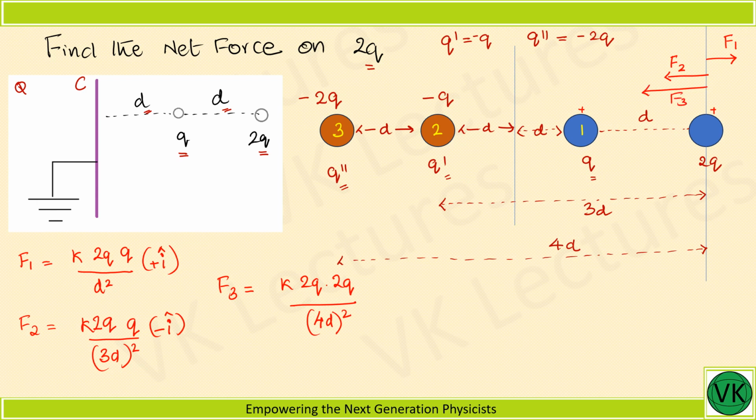So F1 is in the plus i direction, F2 and F3 are in the minus i direction. So the net force F will be F1 plus F2 plus F3.